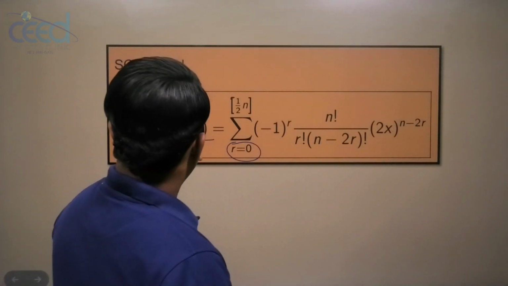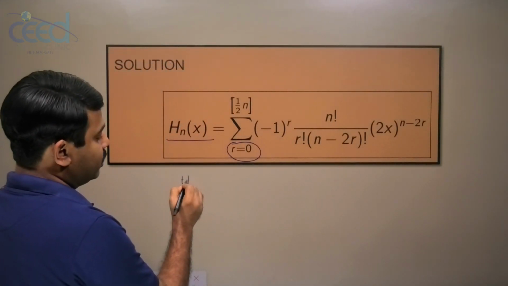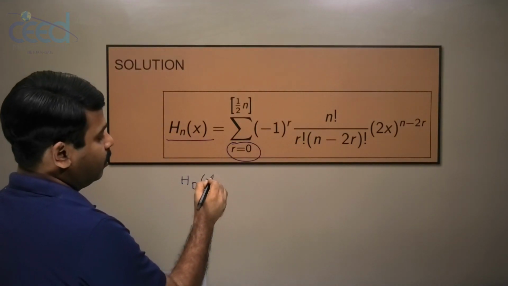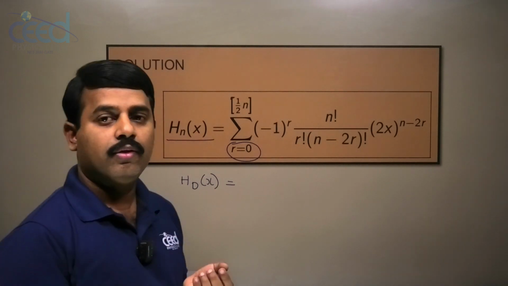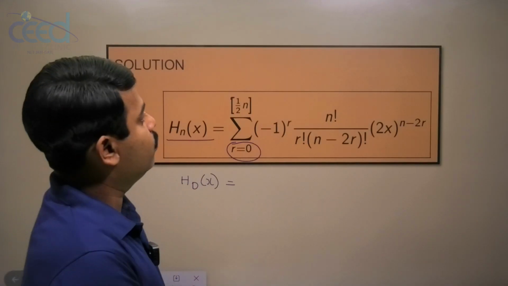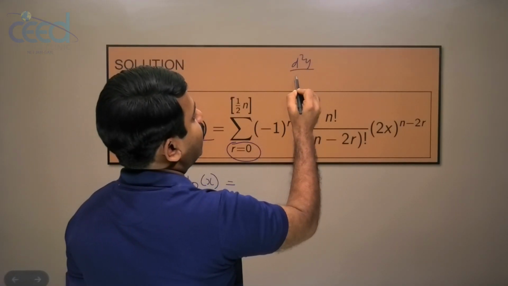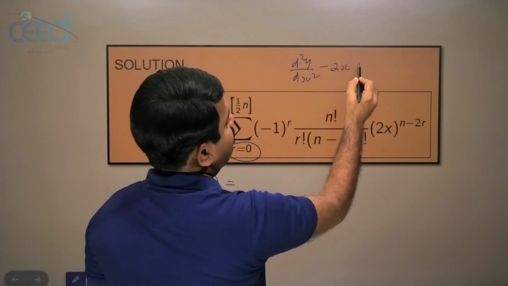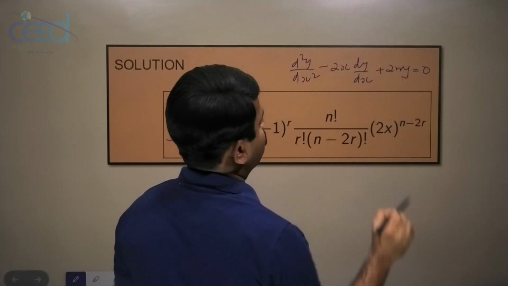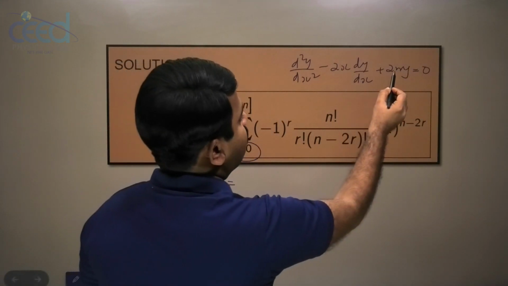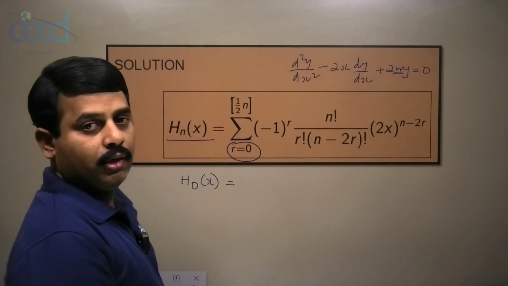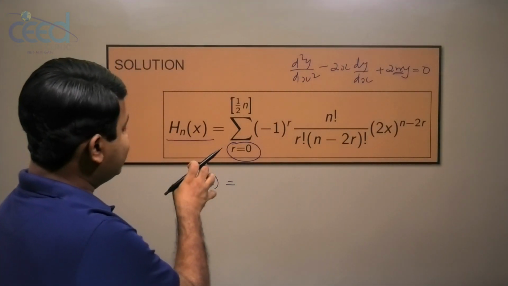For example, I want to find H0 of x, the first Hermite polynomial. H0 of x means in the previous differential equation, d square y by dx square minus 2x dy by dx plus 2n y equal to 0, here n is equal to 0, so this changes into H0 of x.